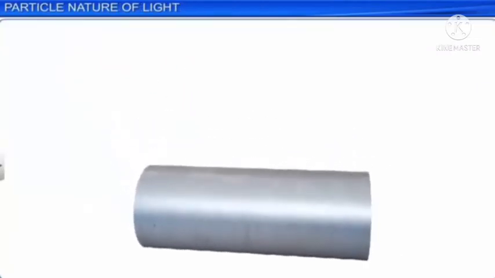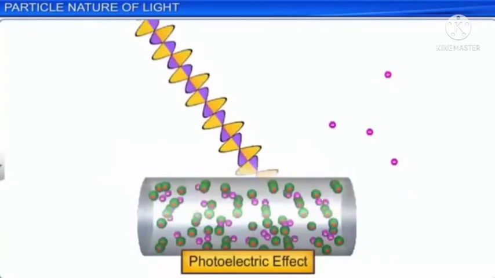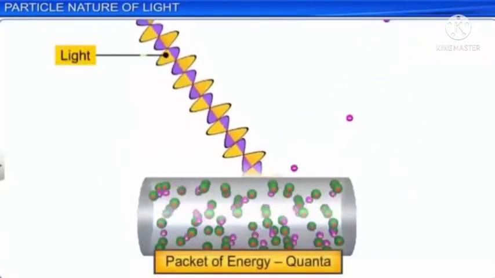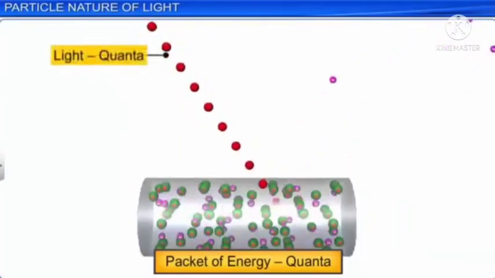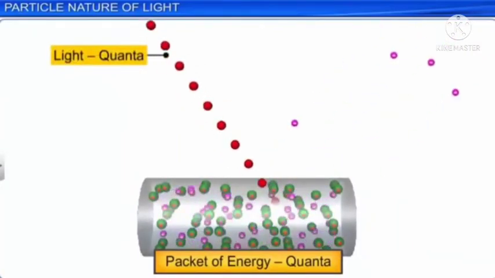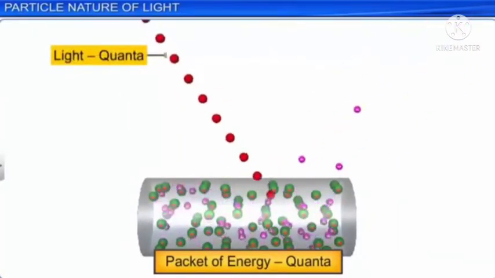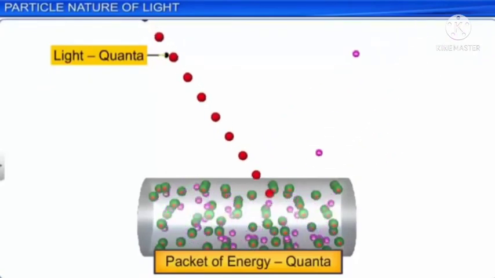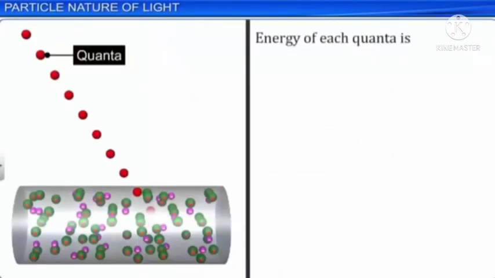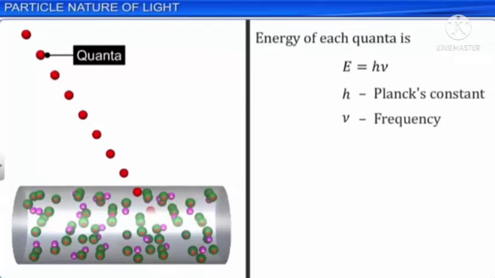As you know, the phenomenon of photoelectric effect explains that light consists of packets of energy known as quanta, and this characteristic of light exhibits during its interaction with matter. Each such packet has energy E equal to h nu, where h is Planck's constant and nu is the frequency of light that is being used.